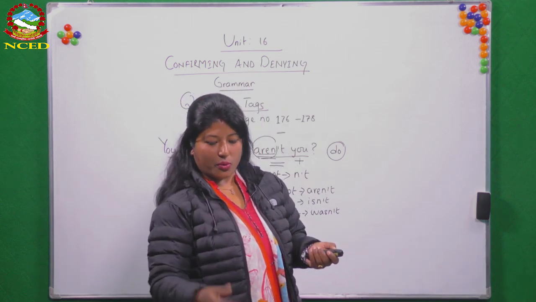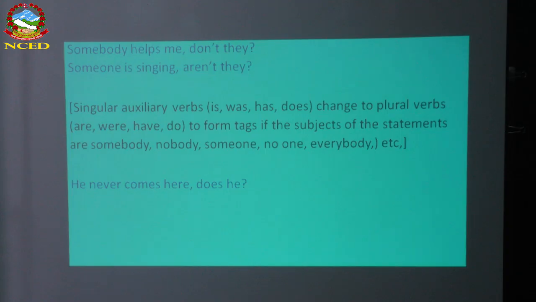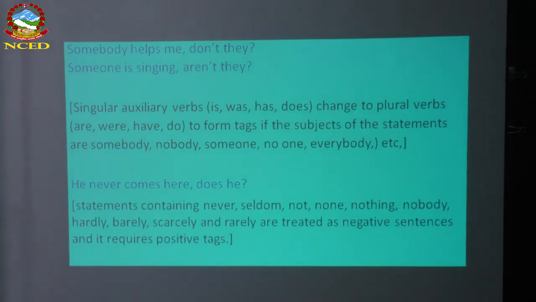Next, some more. Okay, let's see what else we can do next. See, here the contracted form is not there, but lexical negation is there. Lexical negation means the word itself is negative, never. There are other words as well which denote negative, like never, seldom, not, none, nothing, nobody, hardly, barely, scarcely, and rarely.